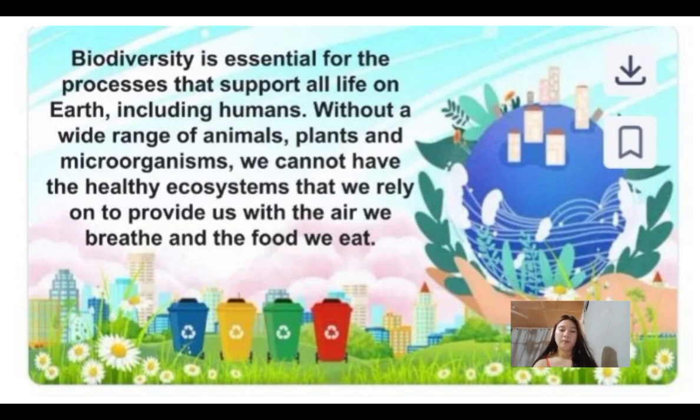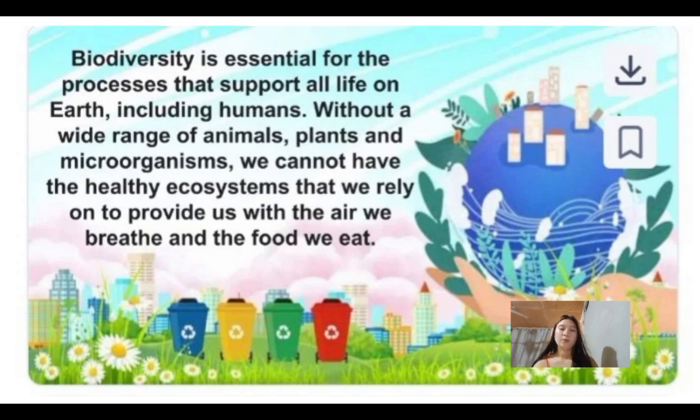For example, bees help plants grow by spreading pollen, trees clean the air, and microorganisms break down waste and make the soil rich. So when we lose many species, the systems that support life can start to break down, which can harm people and all living things.